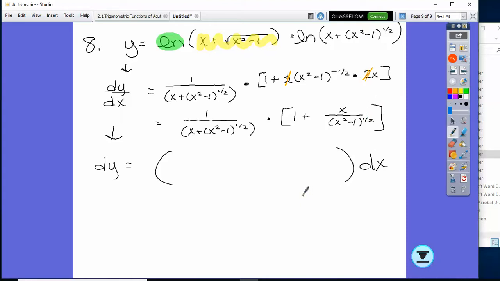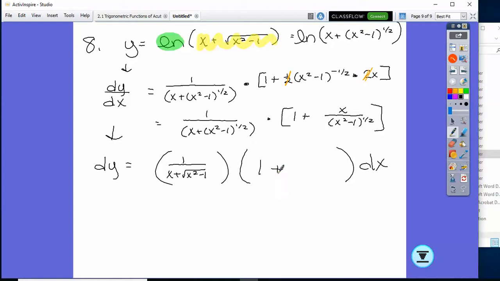Not a whole lot we're going to do to clean this one up. You could certainly distribute and combine like terms, but it's not going to make much difference. So if you left your answer like this, that's okay. You have to have the 1 over x plus, you could write this as a square root or 1/2 power.